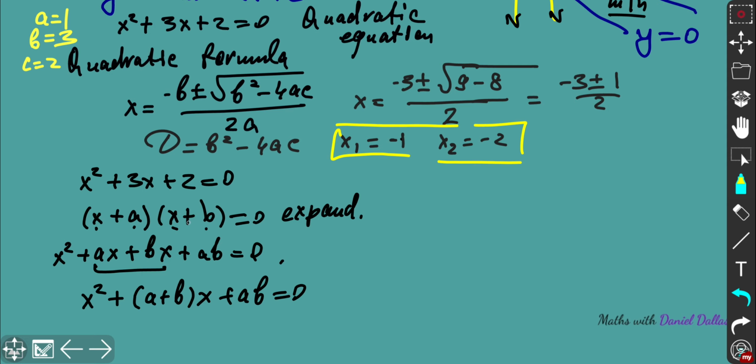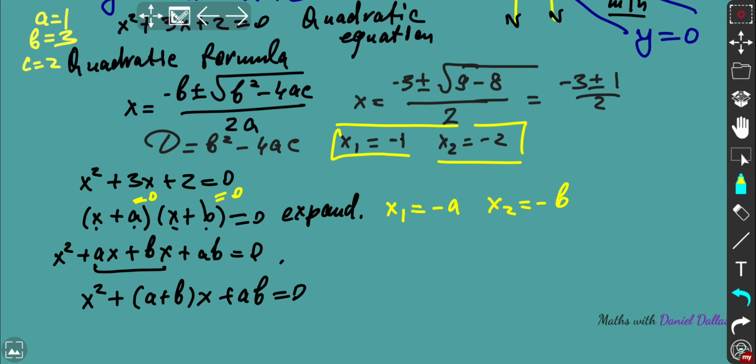Having those factors, you equate each factor to 0, because by definition, when a product is 0, each factor might possibly be 0. So your possible solutions are first x plus a equals 0, so x1 is negative a, and also x2 equals negative b. Right now your goal is to find a and b, so let's try to do it.